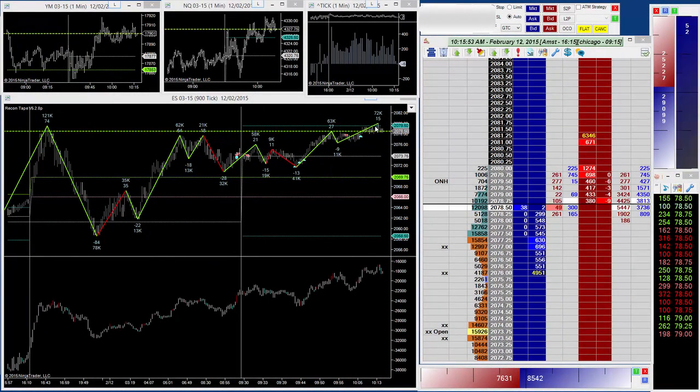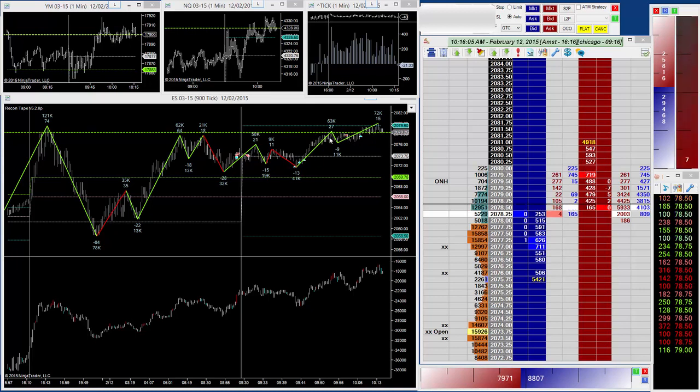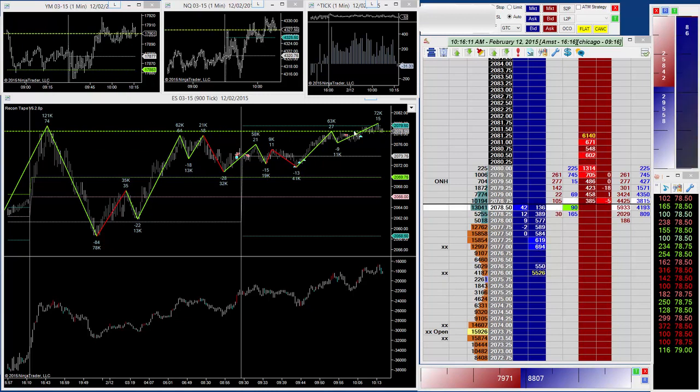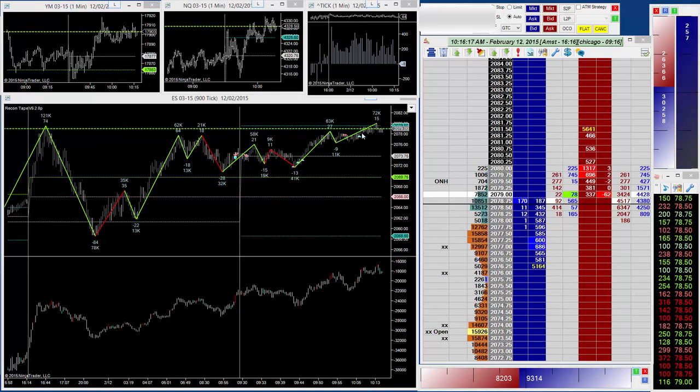Okay, so we've moved up 72,000 contracts, 15 ticks. Block sell. It's not a very big move, and we don't really have much separation. If you look at the action, we've moved sideways here, and then pretty much moved sideways just above where we were. So yeah, the swing from this point to this point is 15 ticks, but there's no real separation there.